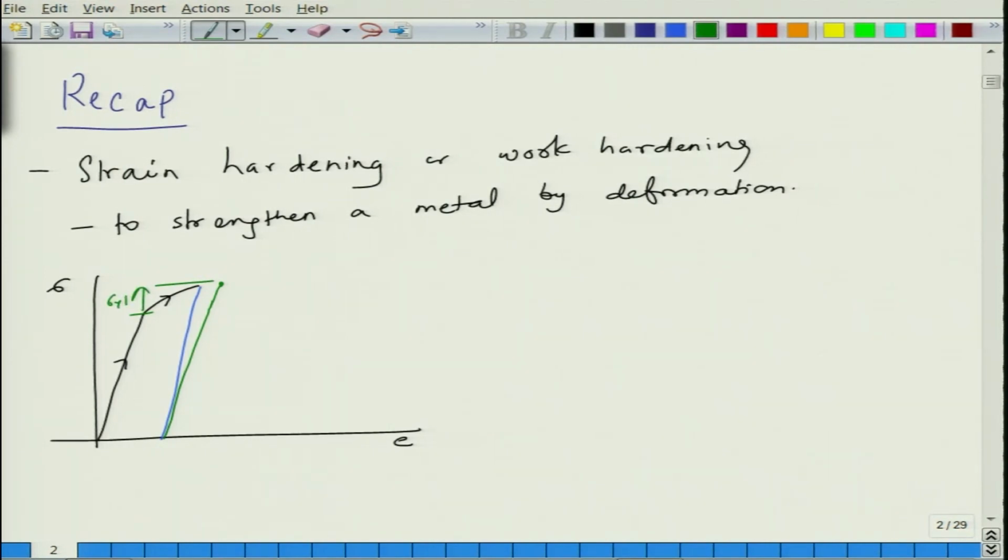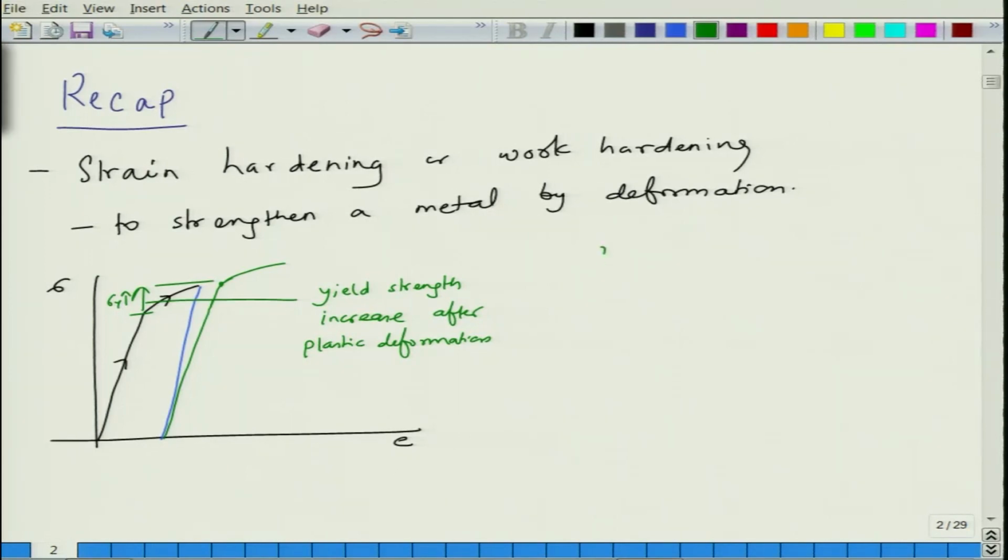This is sigma y increasing as a function of deformation. So, yield strength increases after plastic deformation. The curve will now follow this behavior, which would be an extension of the curve if you did not stop earlier.